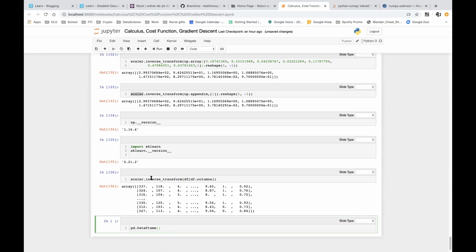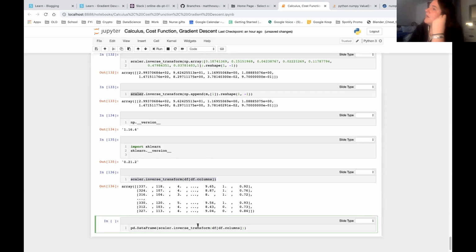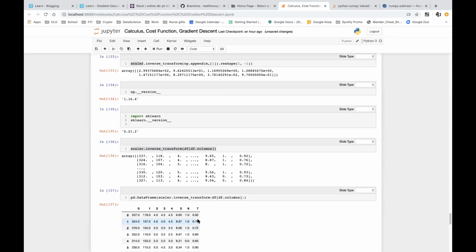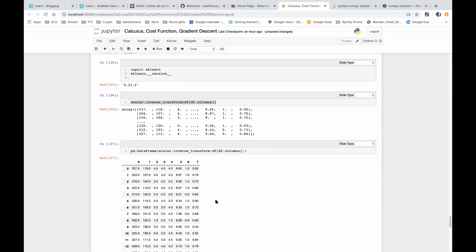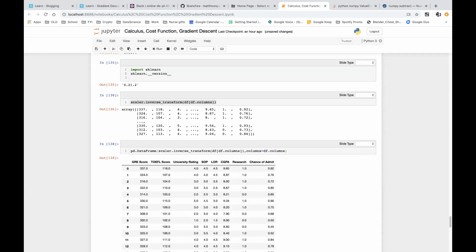And I'm having the same problem that you are, Bonnie. So let's see. Inverse transform sklearn update. Oof.